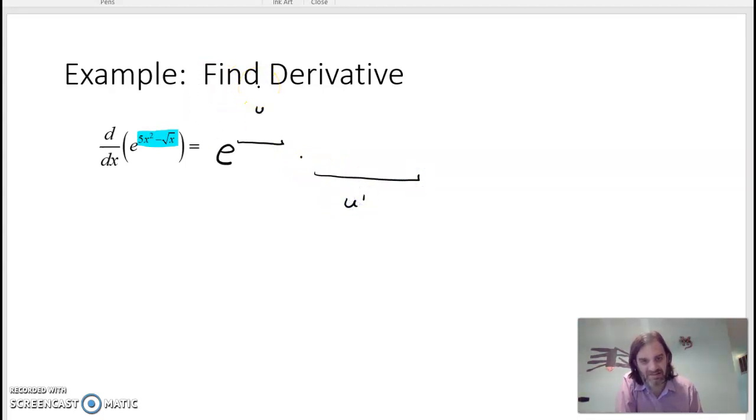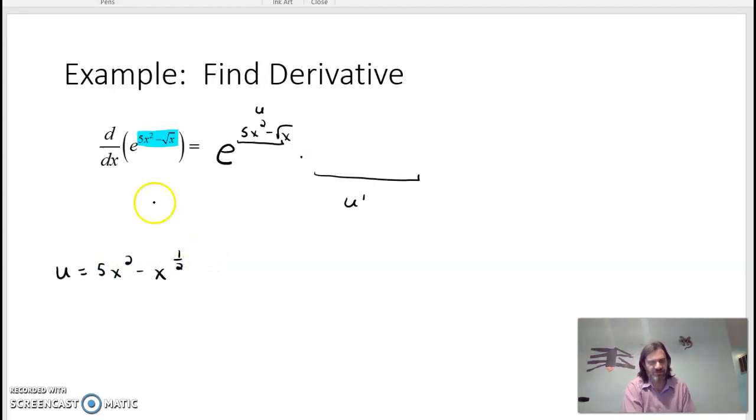And then we will tack on the derivative of it. So the u that we have is 5x squared minus square root of x. But we need a derivative of that. Once again, I'm going to come down here and rewrite it since we're using a square root here. So 5x squared minus x to the 1/2.